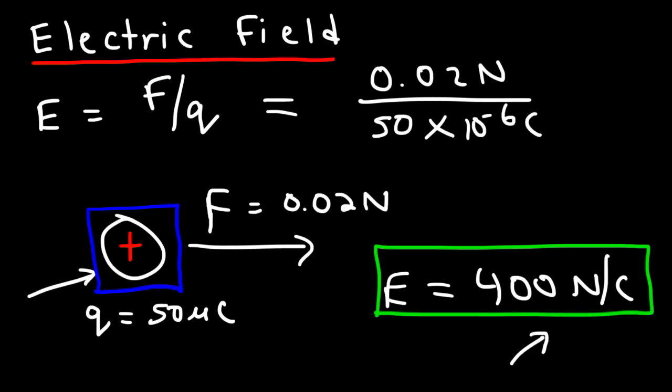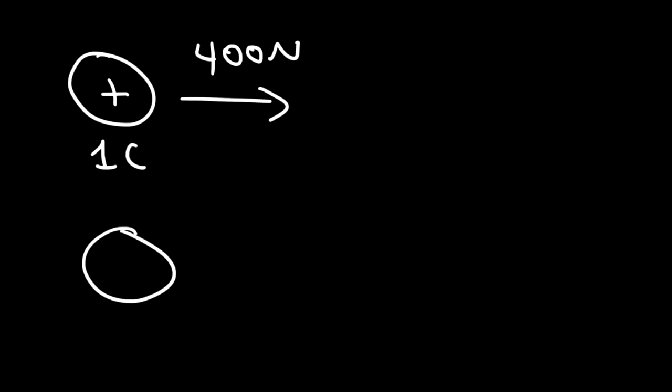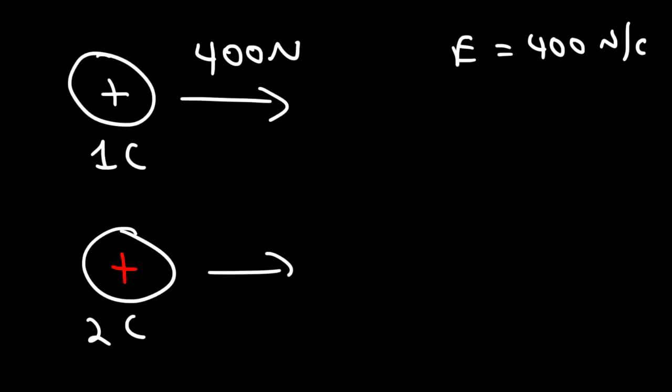So if you have a positive charge of 1 coulomb, it will exert a force of 400 newtons. Now, if we double the magnitude of the charge, but the electric field is still the same, that is 400 newtons per coulomb, the force exerted on that charge will be 800.